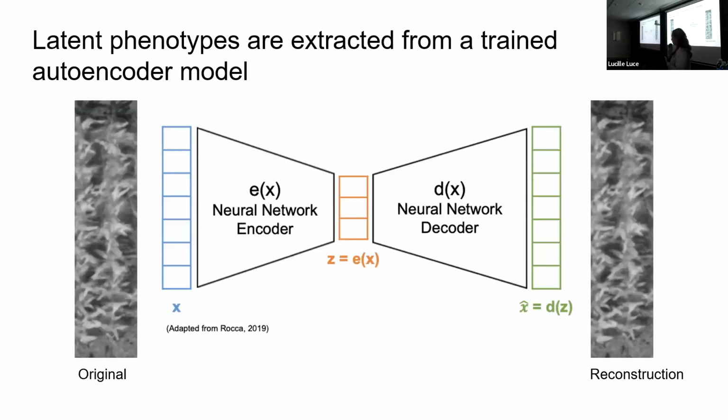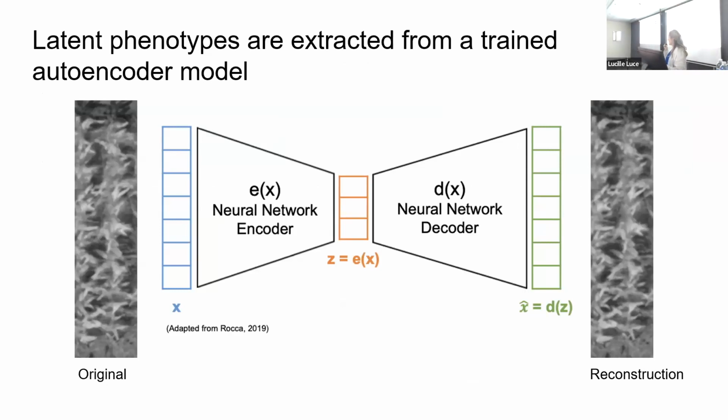So now that we have plot level images and plot level point clouds, how do we actually extract these latent phenotypes? So we started with the multispectral images and trained what is called an autoencoder model.